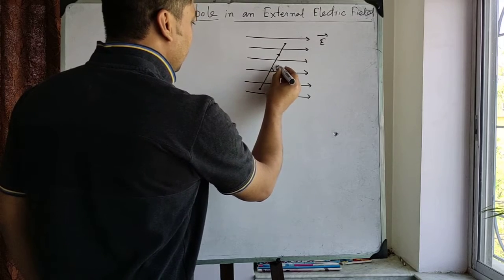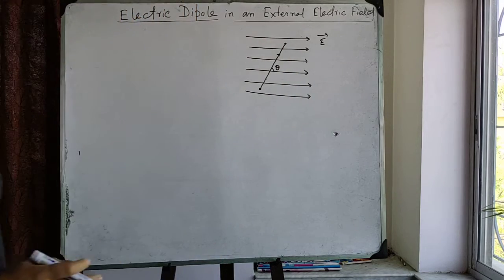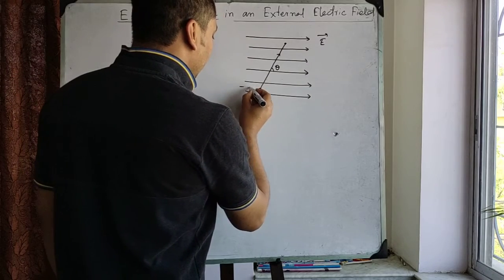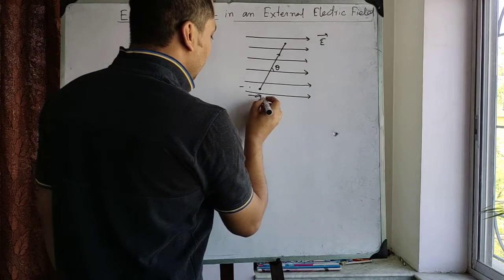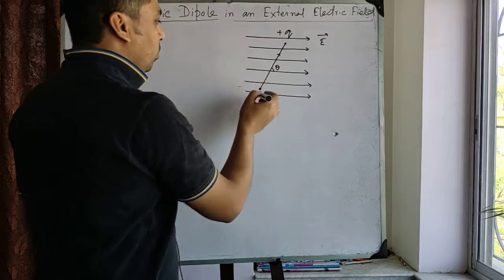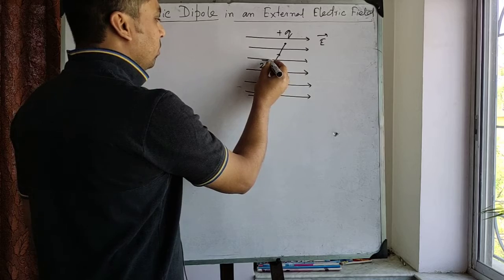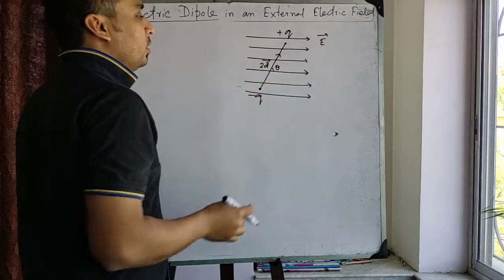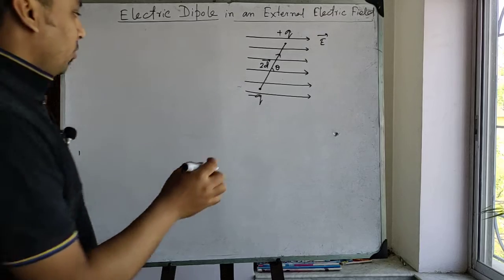This angle is theta. So the dipole is placed: this is minus q charge, and this is plus q charge, and the distance is 2d. So the dipole is placed at an angle theta with the field direction.